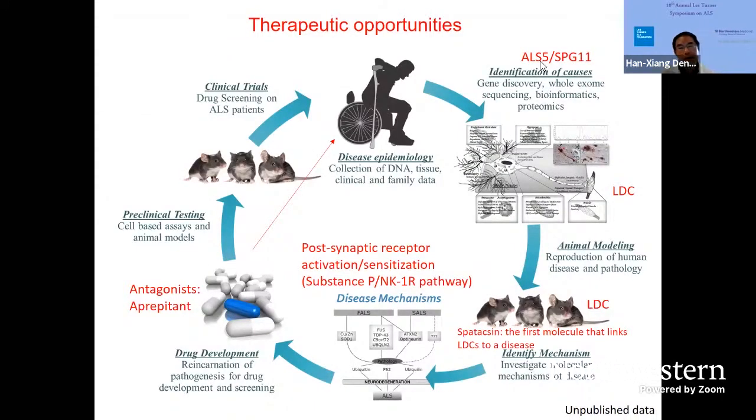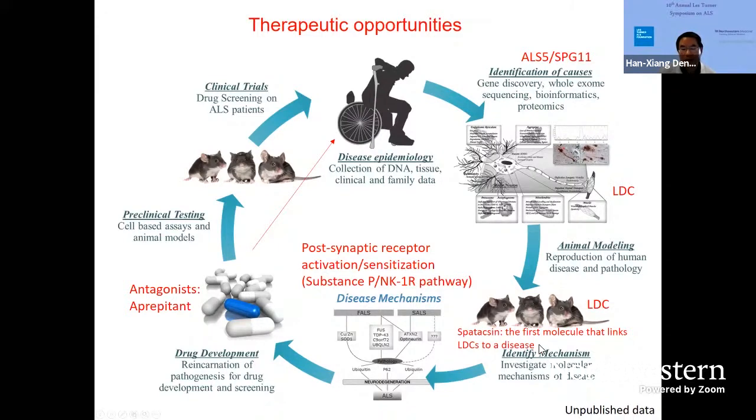So overall, I showed some data from the human study, where we found the genetic mutation and the dense-core vesicle involvement potentially in the ALS patient. We made the mouse model, and we validated the dense-core vesicle problem in the mice.